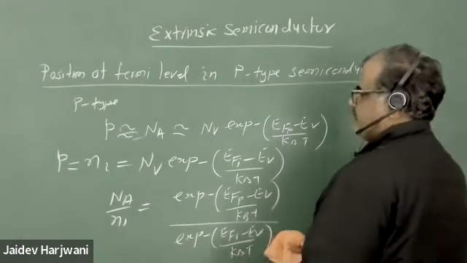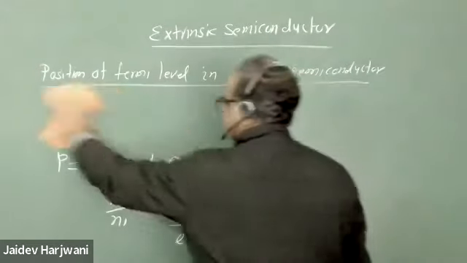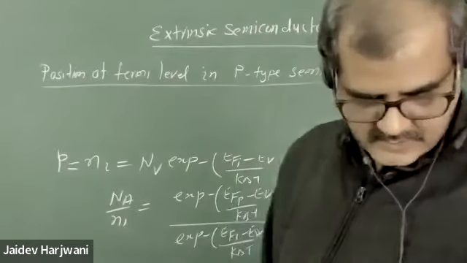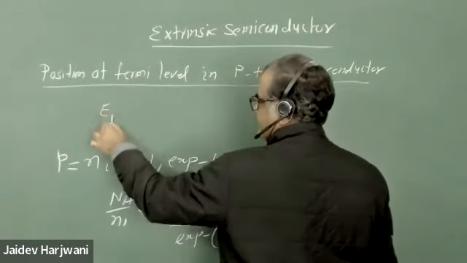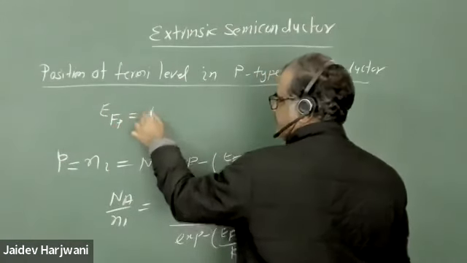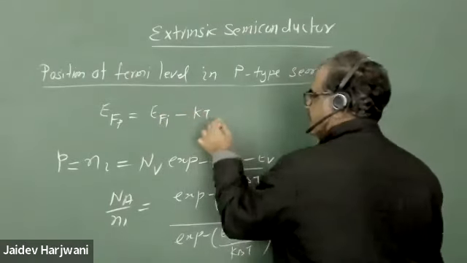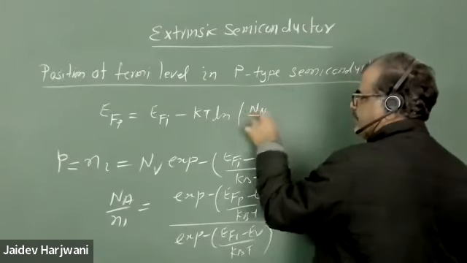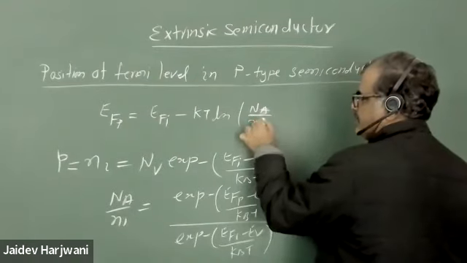Now if you solve this one, you can write EFP is equal to EFI minus KT ln Na upon Ni.